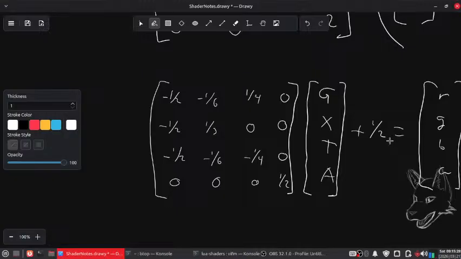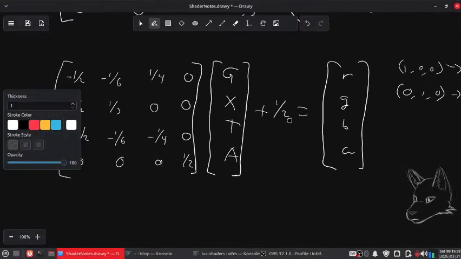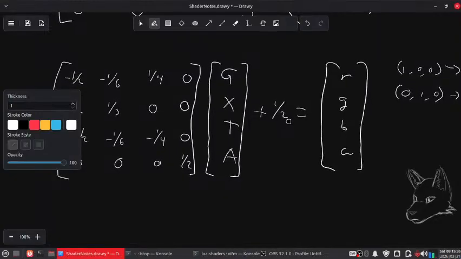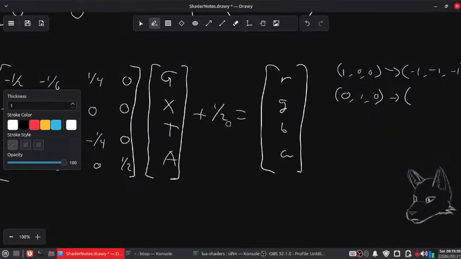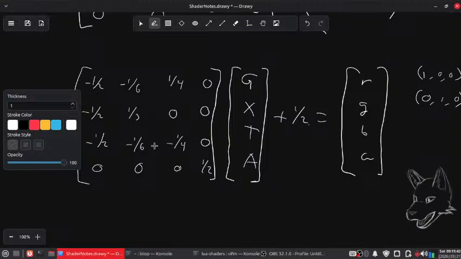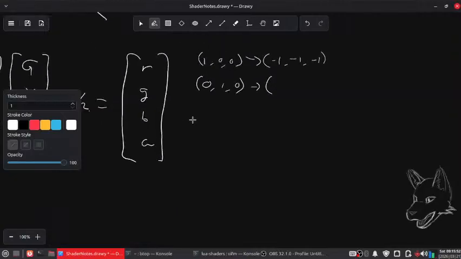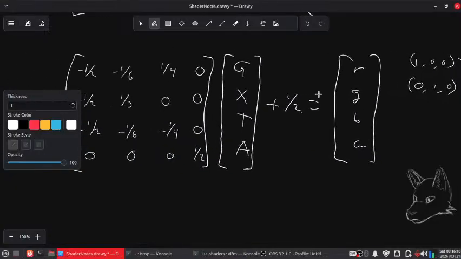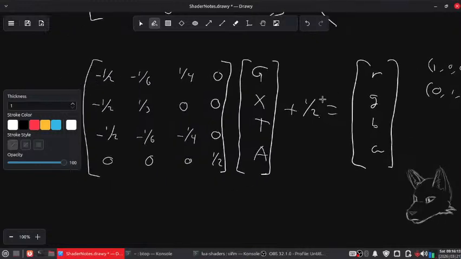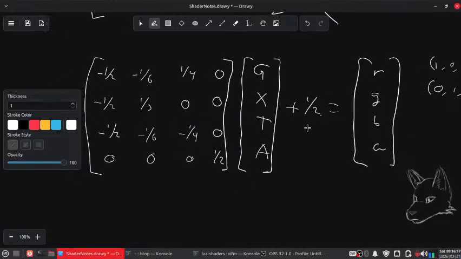X maps to minus a sixth, minus a sixth, minus a sixth plus minus a sixth is 2 sixths, which is 1/3, minus 1/3 plus 1/3 is equal to 0, plus a half is equal to 0, 1/2. That's not correct. Temperature.